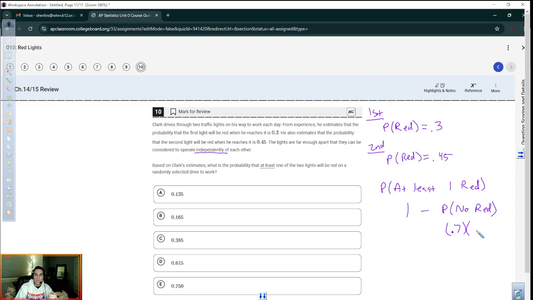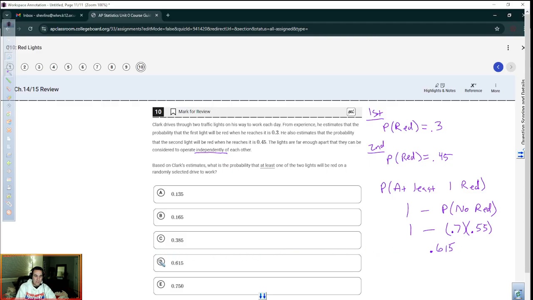Chance that the second one is not red, 0.55. Make sure my numbers are right. Yeah, 0.55, second one not red. 1 minus that should give you the answer. 0.7, 0.55, that's 0.385. 1 minus 0.385 is 0.615.